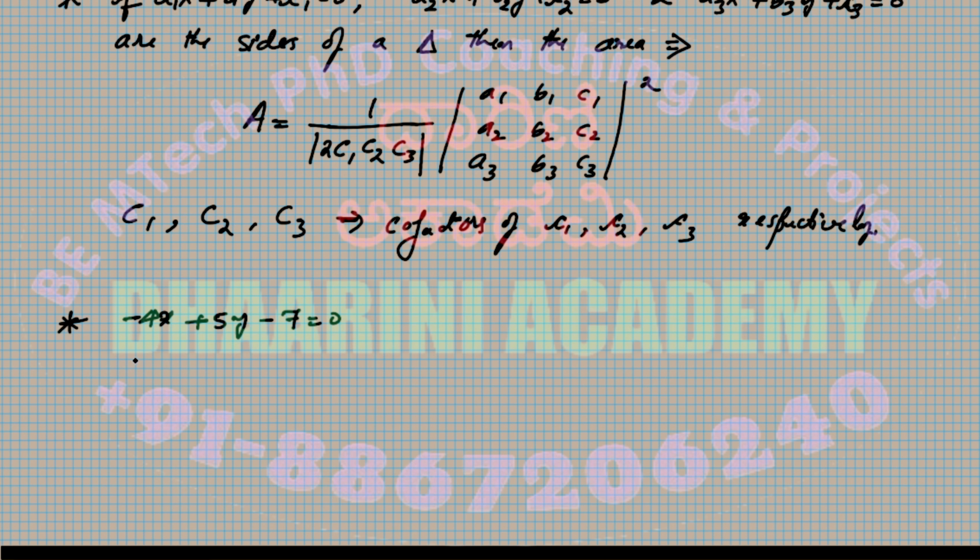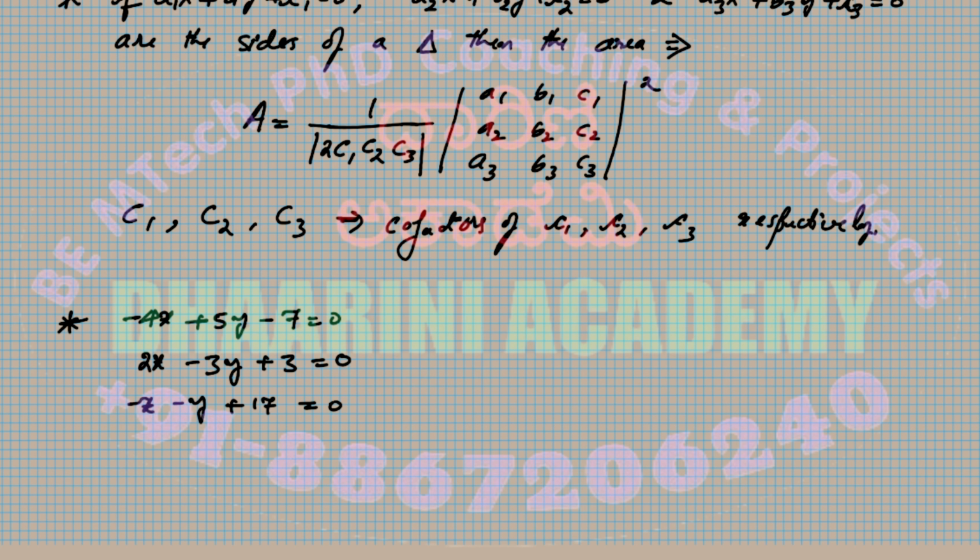Then 2x minus 3y plus 3 equal to 0. Then minus x minus y plus 17 equals to 0. So these are the three equations given.